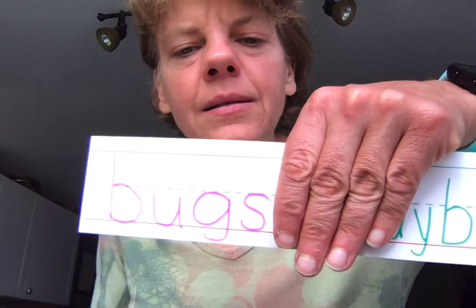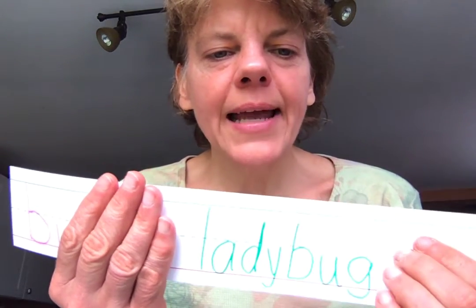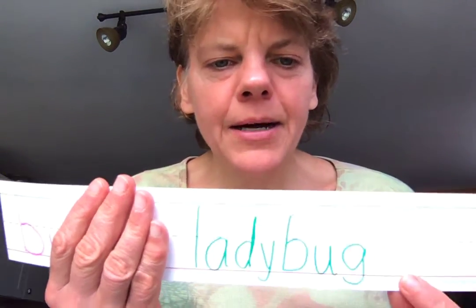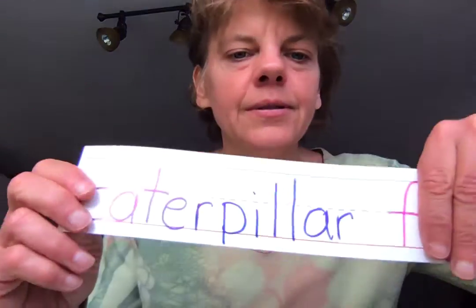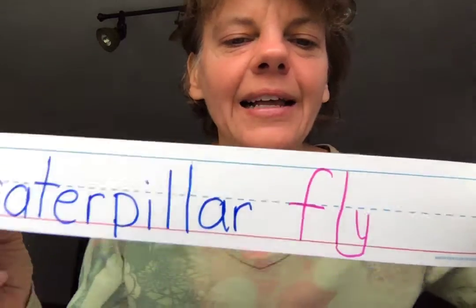Okay, let's review our words. We had the ugs, bugs. Can you say that? And then we had this one with two parts, ladybug. Then we had, this is a big one, caterpillar, fly.